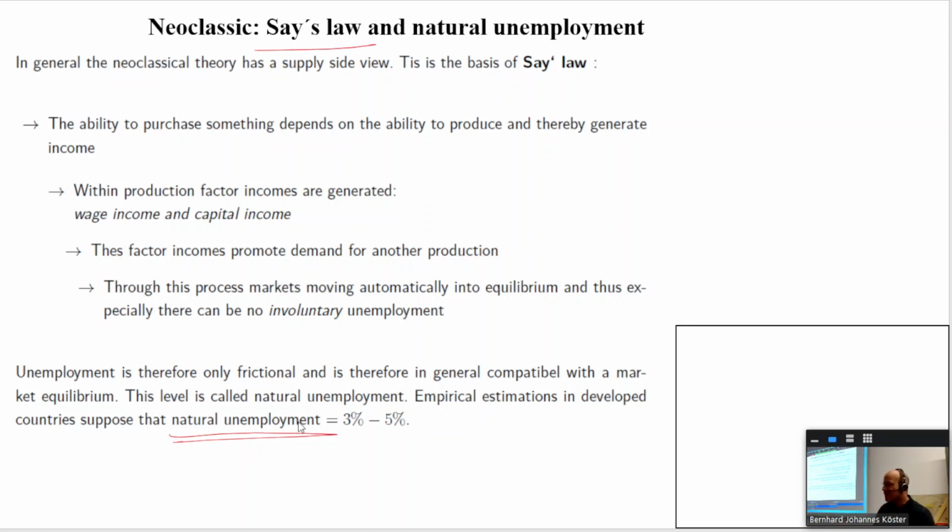Is this payment from our social security system too high so that I just stay at home and do not work? And roughly we say that if we see in Germany an unemployment rate of 3 to 5%, then we more or less speak of a full employment situation, due to this view that, well, anyhow, you cannot do anything about it if you are living in a democracy.